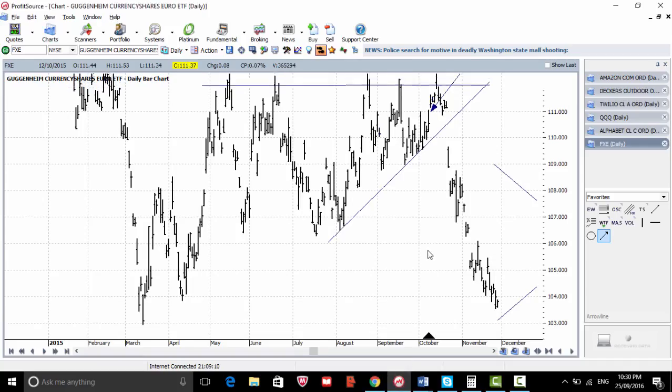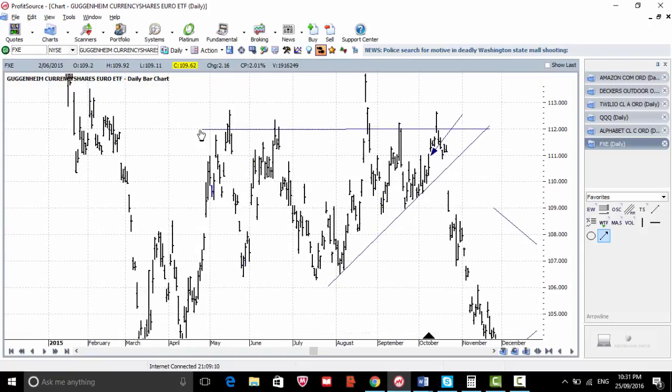So remember this pattern. You've got a flat, horizontal resistance level, and you're making higher lows. And then at some point you're getting a very tight range, and it's at that point that you want to expect some sort of breakout, and prepare and position yourself to take advantage of it.